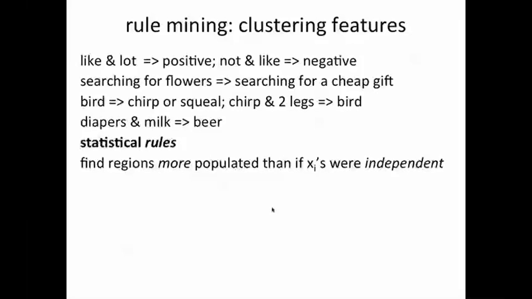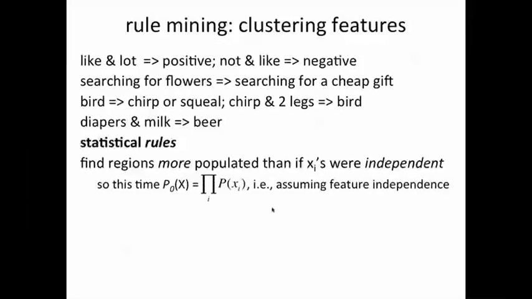If features are completely independent, then you wouldn't have that many situations of birds chirping or squealing because these features don't necessarily co-occur together. But if these features are correlated, that is, there are actually birds that chirp and squeal, you'll see many such instances, and those regions will be more populated than, say, objects or animals that chirp and have four legs.